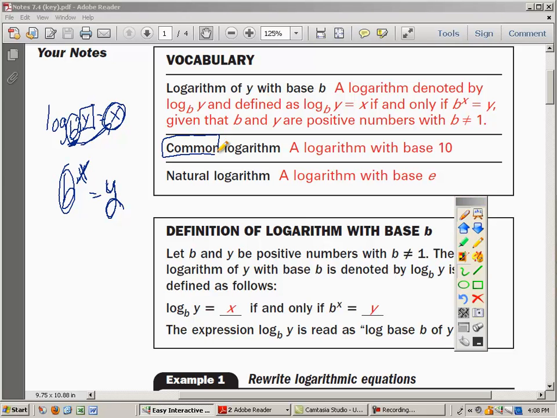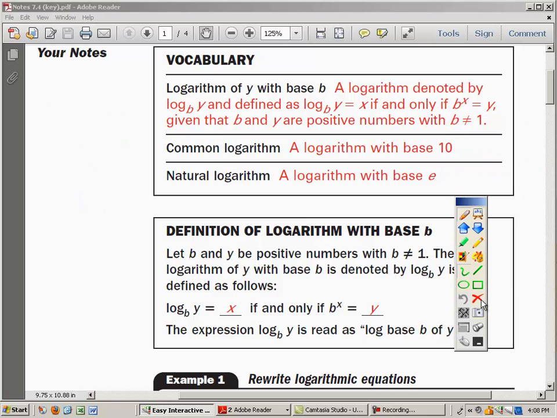The common logarithm is based on the most common unit of counting in our system of numbers. Since our system of numbers is based on the number 10, every time we increase by a power of 10, like 10 to the second, 10 to the third, 10 to the fourth, we're increasing a place value. And so the common logarithm is with a base 10.